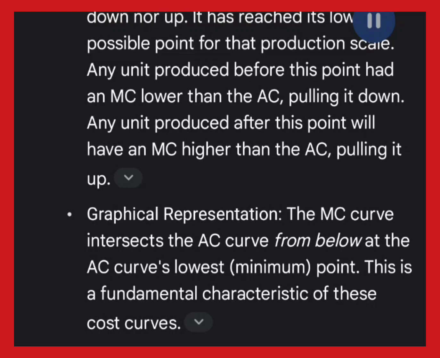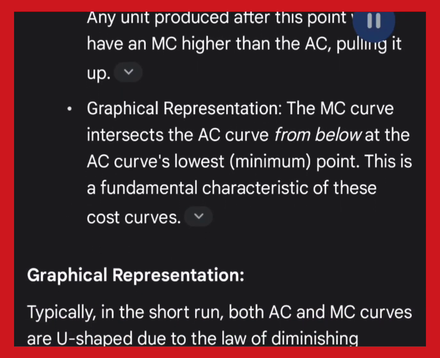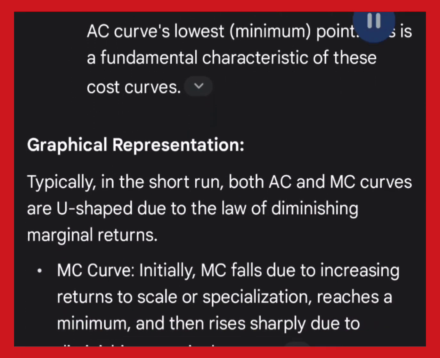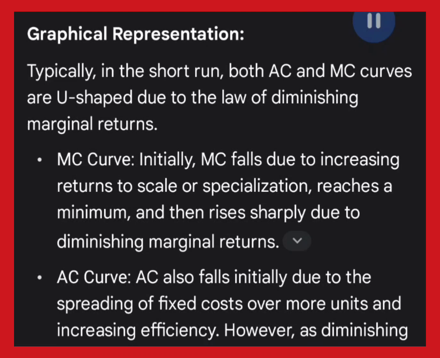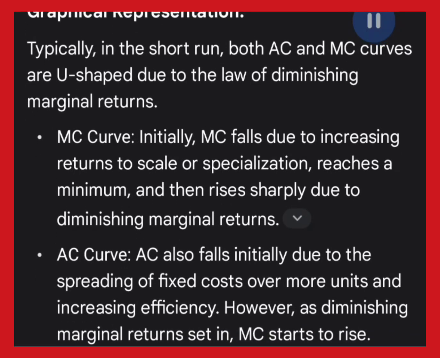Graphical representation. Typically, in the short run, both AC and MC curves are U-shaped due to the law of diminishing marginal returns. MC curve: initially, MC falls due to increasing returns or specialization, reaches a minimum, and then rises sharply due to diminishing marginal returns.